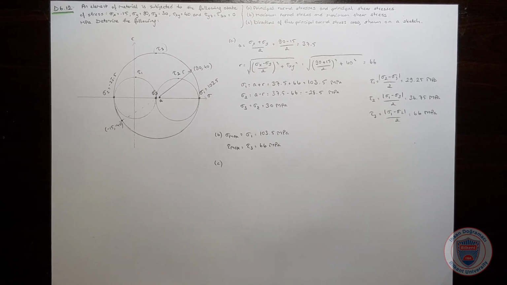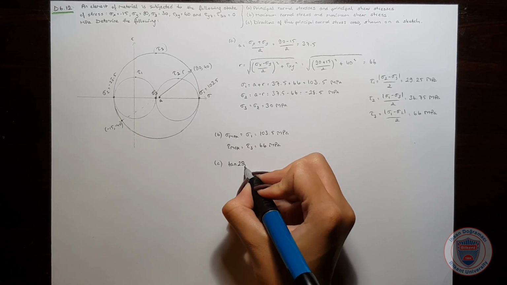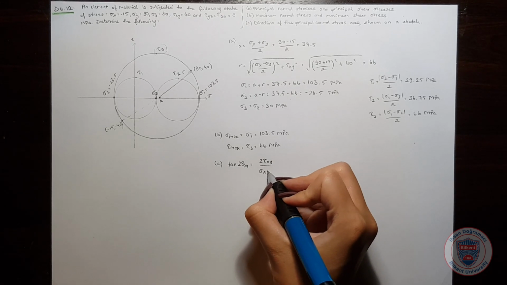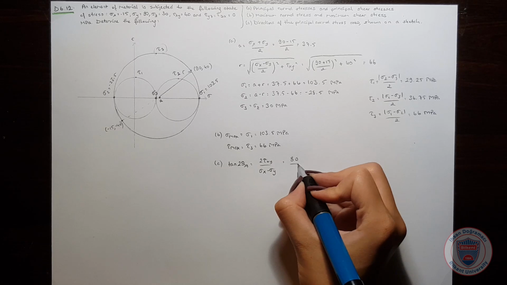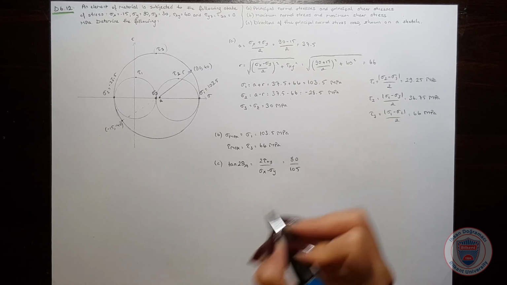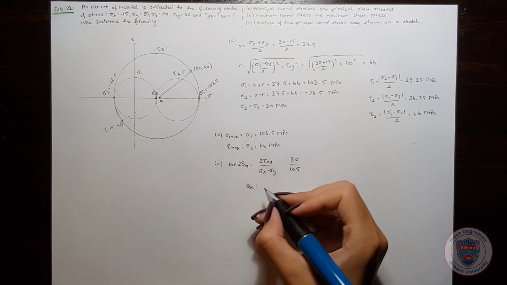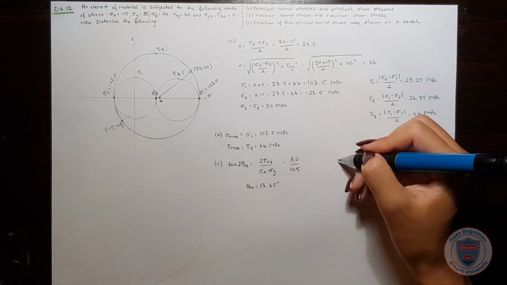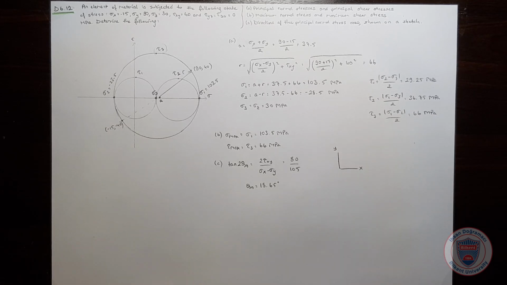At first, I will calculate theta n. So we have theta n is equal to 18.65 degrees. Let's assume that this was our axis before the stresses.